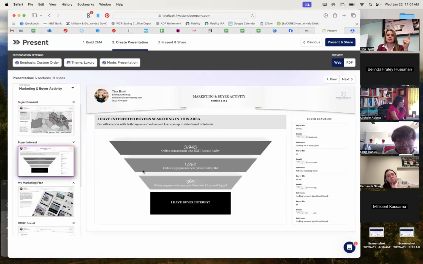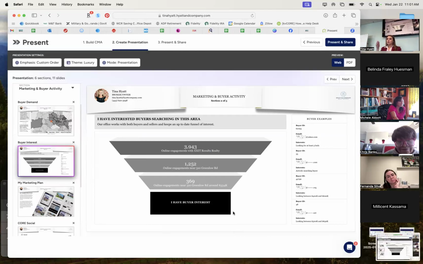The next one, this is the tab that Cassie was talking about. This is the funnel, and this is what I have to get KVCore to change, or I have to figure out how to change it. This is the buyer funnel, the marketing activity, and I love this part of your presentation. Hamid, I would recommend this if you're only keeping, you could incorporate this into your cards, but you would have to change it every time.